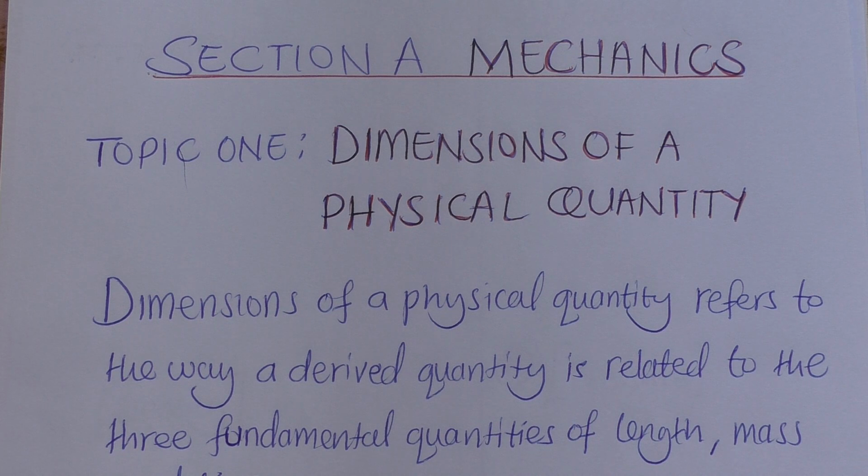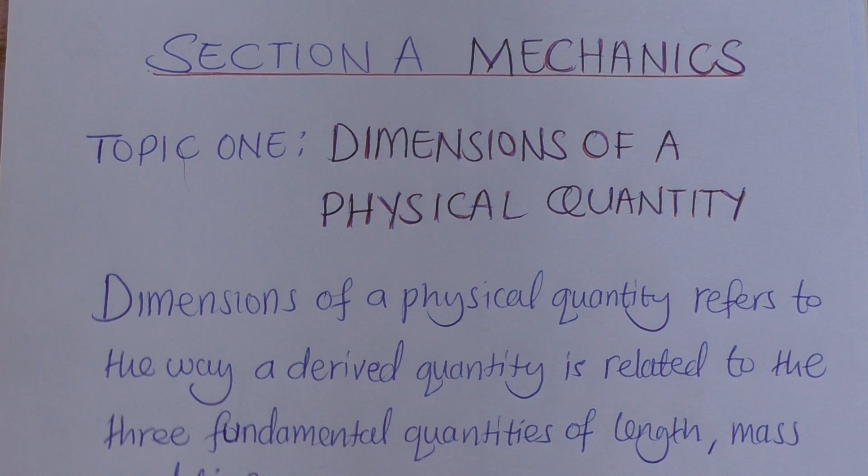So we look at mechanics, that is section A. We shall also look at heat and thermodynamics, that is section B, and finalize with modern physics in section C. So we have started with section A, which talks about mechanics, and our first chapter in this is dimensions of a physical quantity.